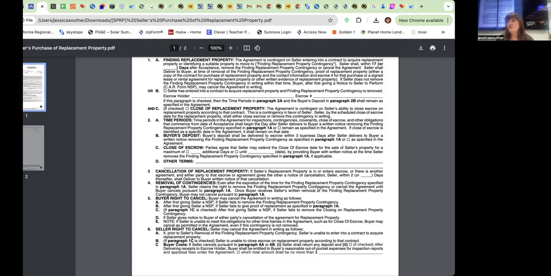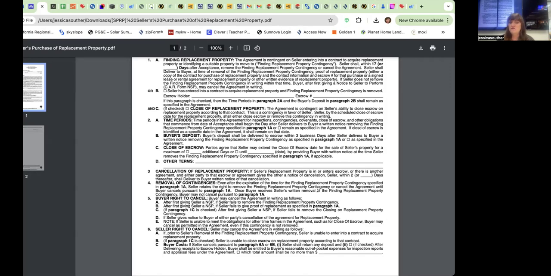Remember before, if you didn't have this form, the seller can't cancel unless the buyer messes up. B, if paragraph 1C is checked, seller is unable to close escrow on replacement property according to that contract. So if it falls out of contract on the house they're purchasing, they can cancel as long as 1C is checked and in place. Or C, buyer cost.